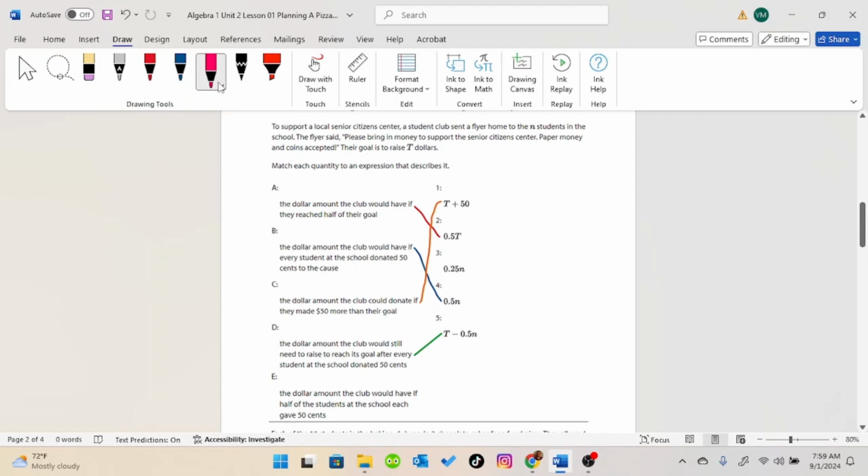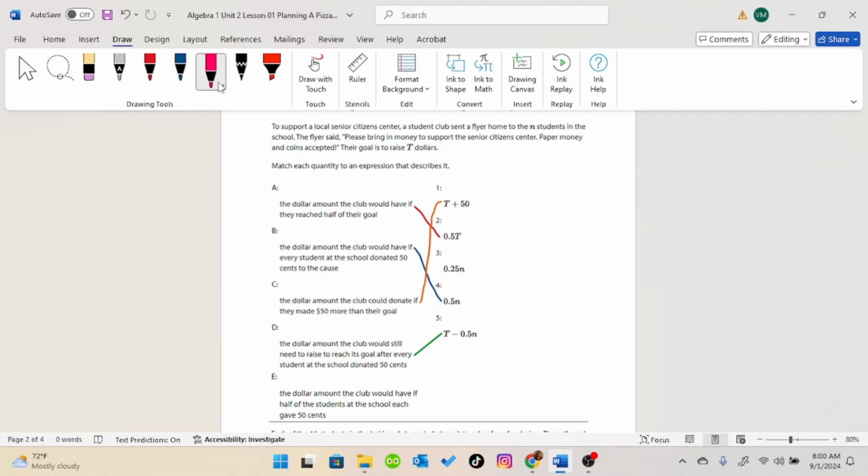And finally, description E. The dollar amount the club would have if half of the students at the school each gave 50 cents. So when we look at the only remaining description, it says we're going to take a quarter and we're going to multiply it by the number of students.